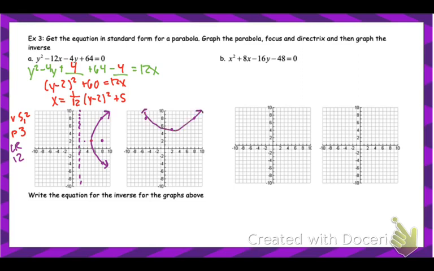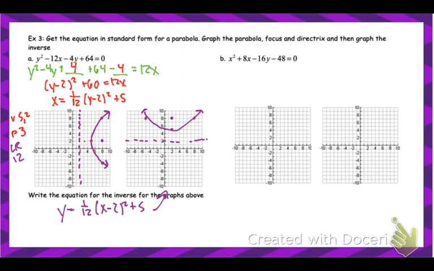If I did the focus, that would become 2, 8. And the directrix, it was x equals 2. Well, now it'll be y equals 2. If I were to write the equation, switch x and y, and that should be the same equation that I just graphed.